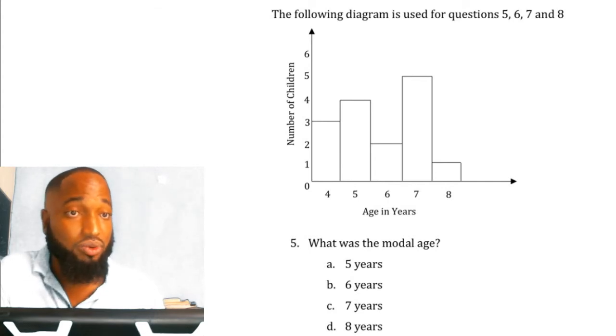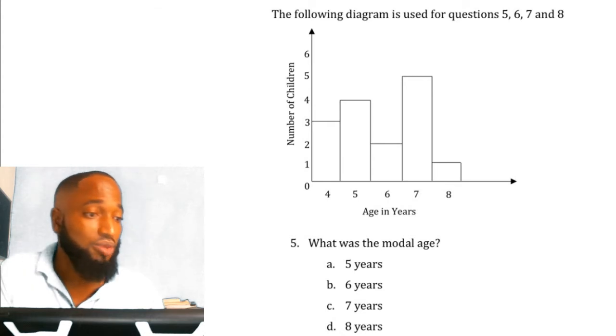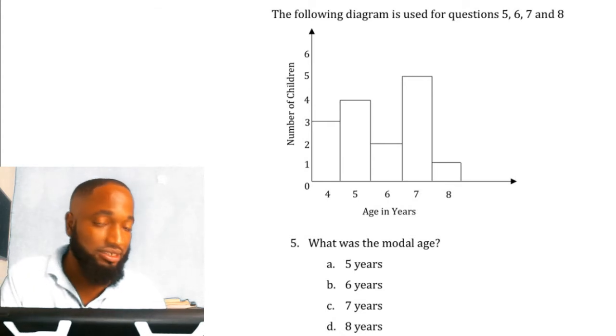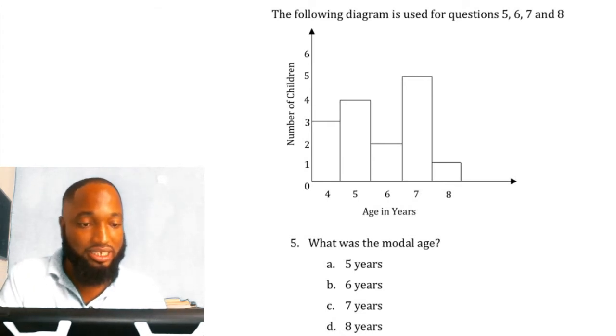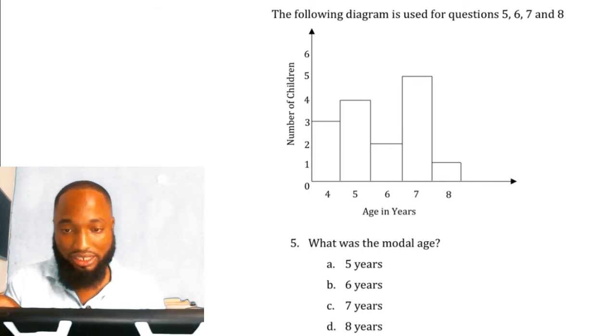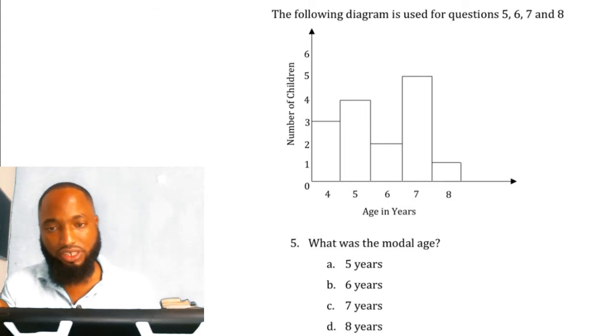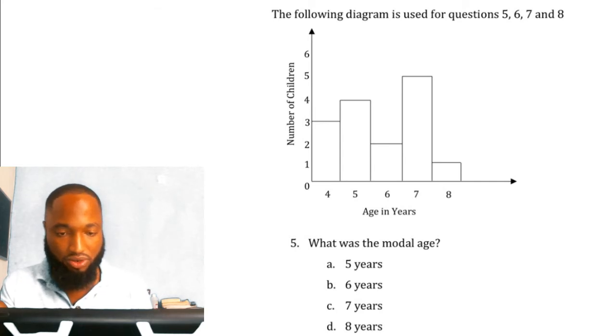CSEC can ask you about more ridiculous things than that. So obviously it's 7. Let me just go for the next question. How many children took part in it? Alright, so I go for some more real questions out here, and I'm not going to bother to explain question 5. I expect greatness from you all.